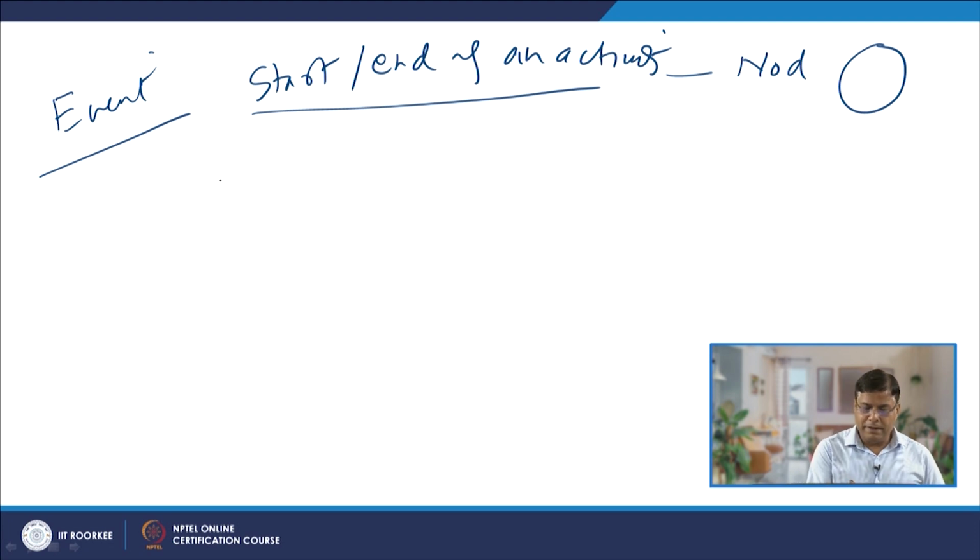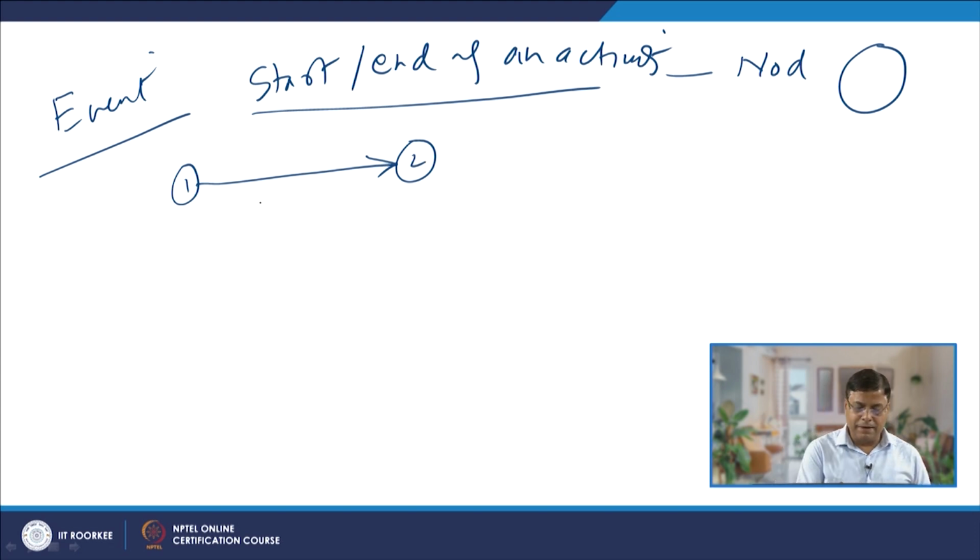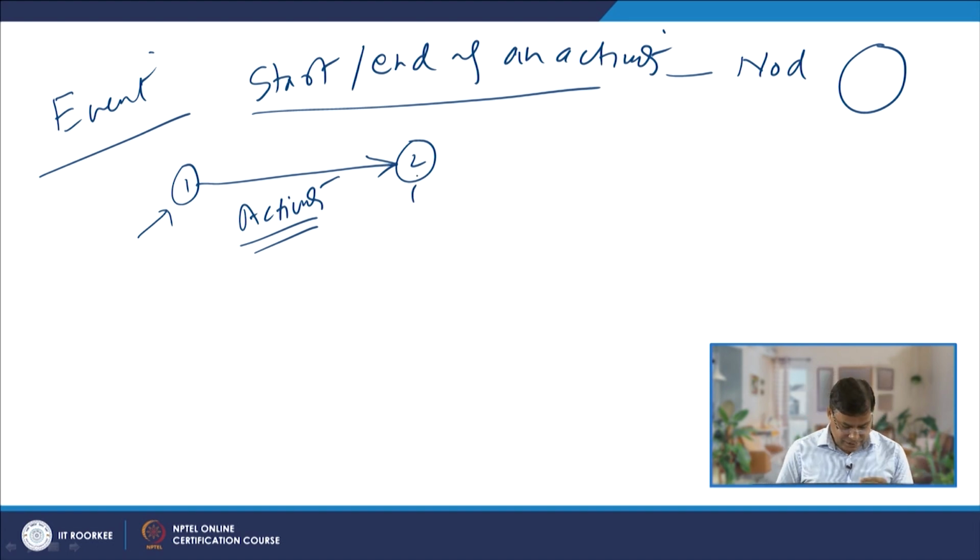So, when an activity starts we have one event, and when it ends, another event, and both can be shown with the help of certain alphabets or numbers like 1 or 2 or A and B. An arrow here shows the activity, and 1 and 2 show the events, the start or end of the activity.